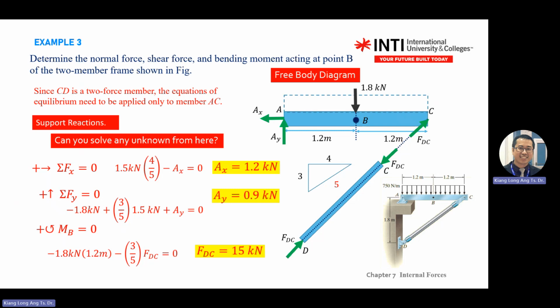So 1.8 times 1.2, plus negative FDC over 5, 2.40.